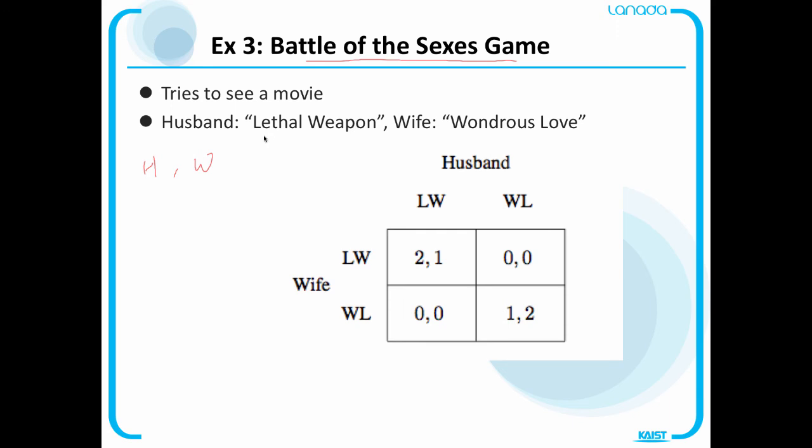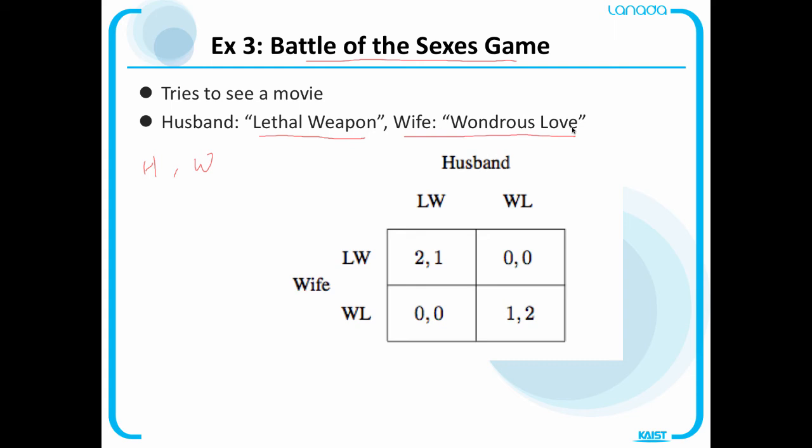The husband wants a very man-like movie, and one example is Lethal Weapon. It's shooting guns, a detective story, a thriller. And the wife wants to see the movie Wondrous Love. It's a love story between a man and a woman.